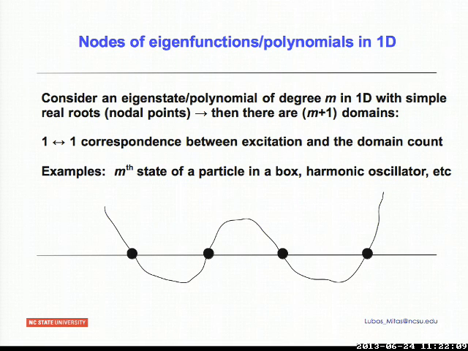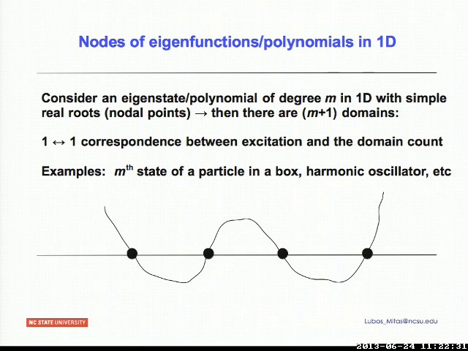So consider a one-dimensional case, and you have something like an eigenfunction which is of the nth degree. Then you will find out that it divides the space into n+1 domains. So there is a one-to-one correspondence between excitation and the domain count.